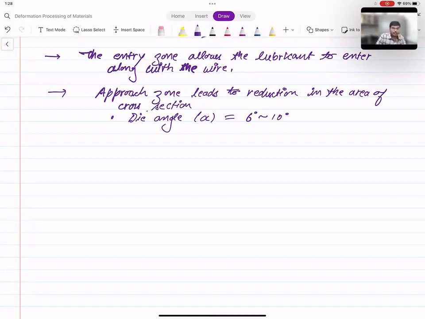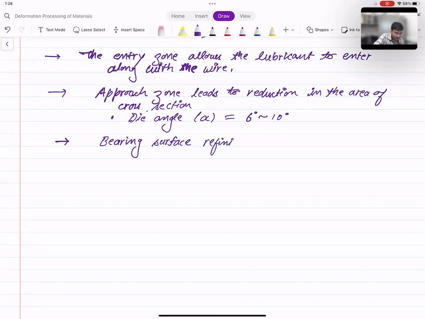And after the wire passes this approach zone, the turn comes for the bearing surface. Okay, so the bearing surface refinishes the formed product.